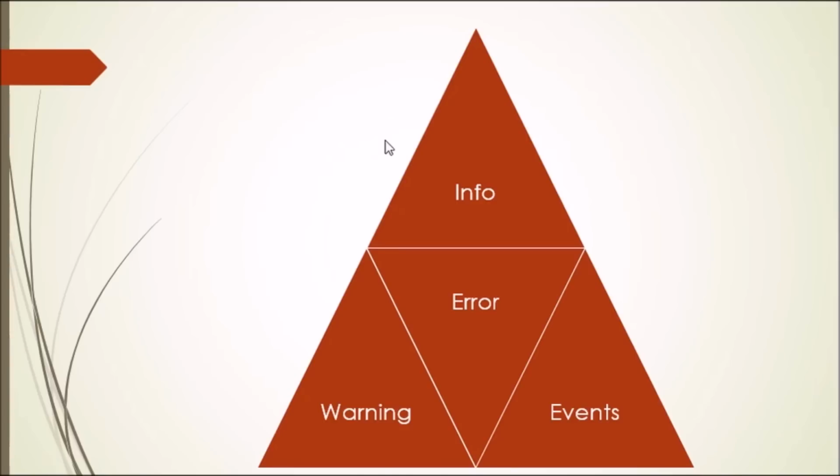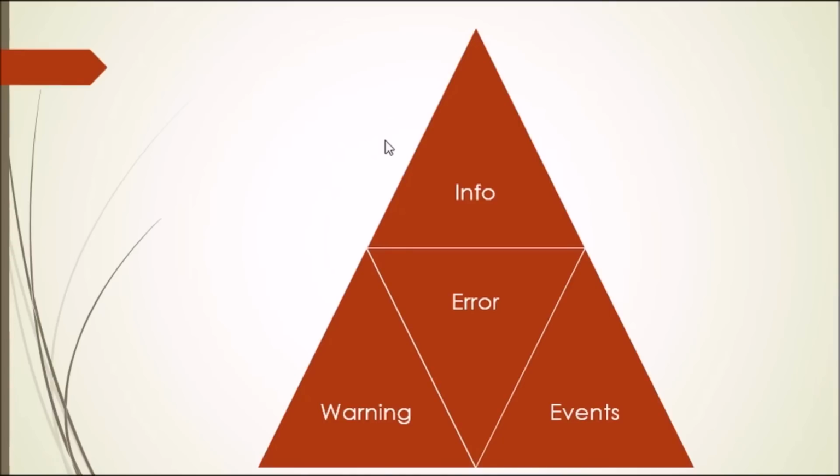At the top, you have the info level logs. The info level logs are the logs written periodically when the system is running in its normal course of operations. So any kind of operation the hypervisor needs to do would be written in the info logs.